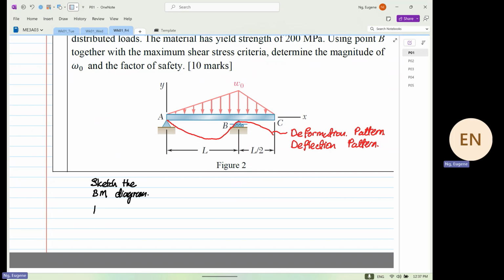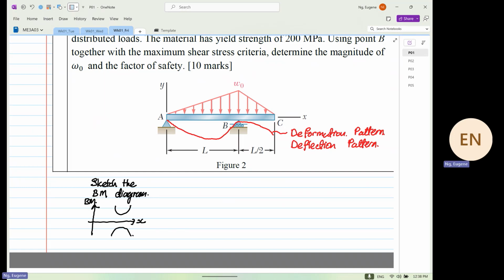The rule says, if this is X and this is bending moment, and we look at deformation, at the top the deformation is a smiling face. At the bottom, the deformation is a sad face. Yes or no?